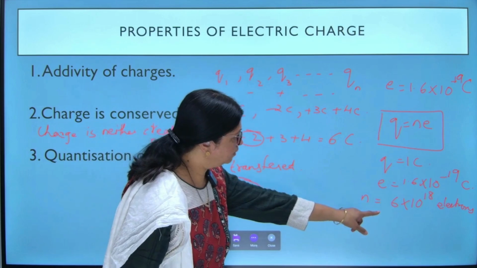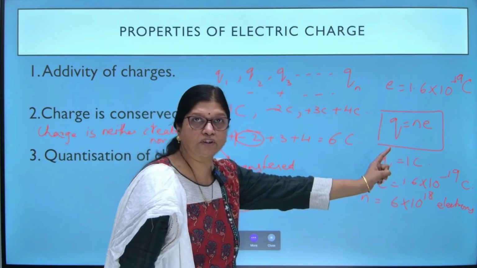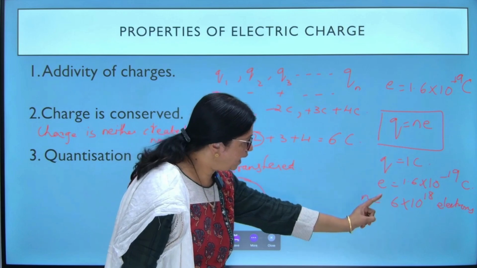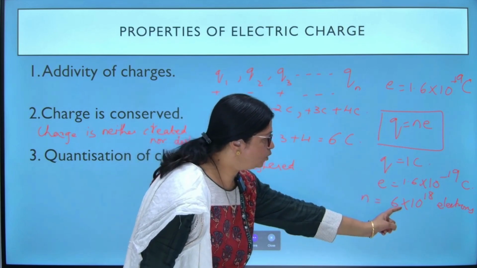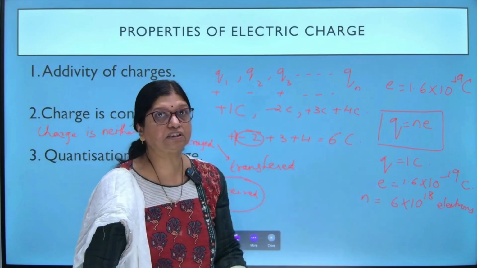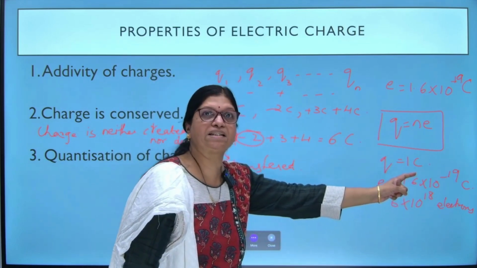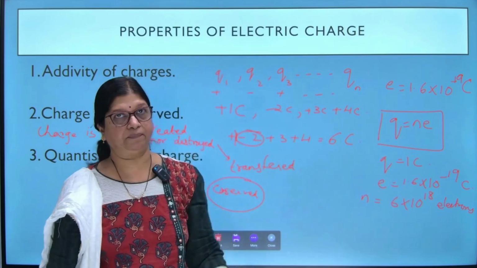That for 1 coulomb of charge, I have 6 into 10 raised to 18 electrons with the charge 1.6 into 10 raised to minus 19 coulombs on each of them.